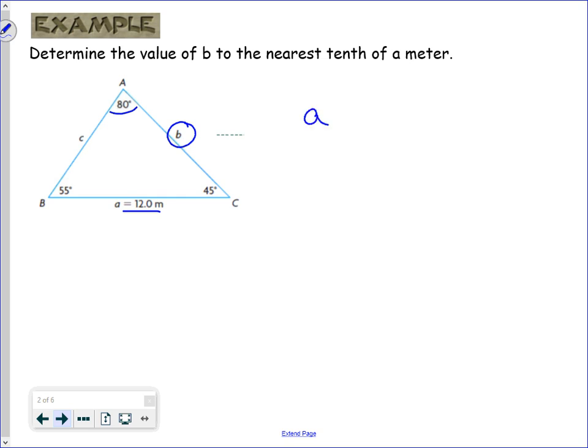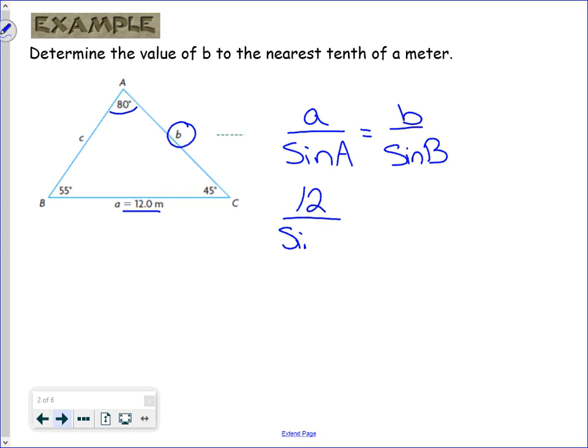We're going to have side A over sine A, and this is going to equal side B over sine B. So we're going to substitute in what we know. So we know that the lowercase a is 12 meters, and we know that angle A is 80 degrees.